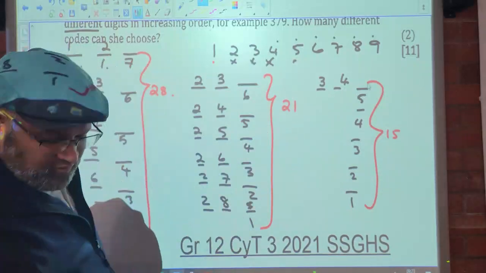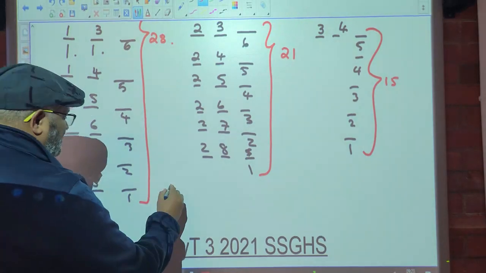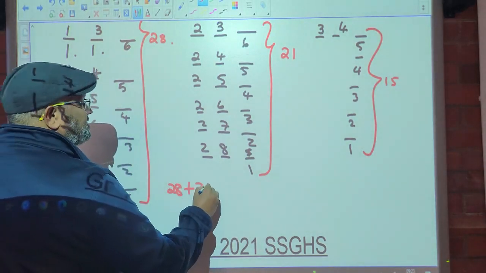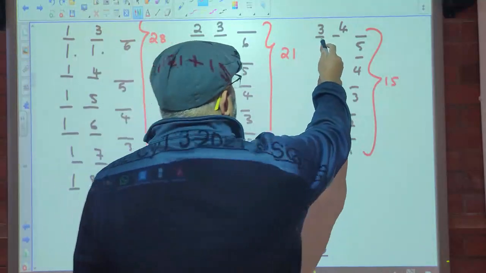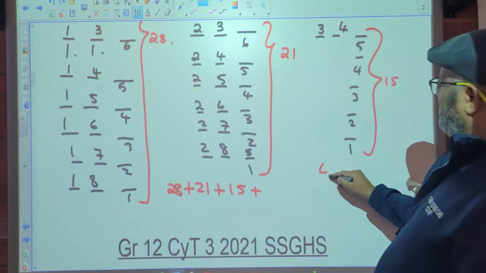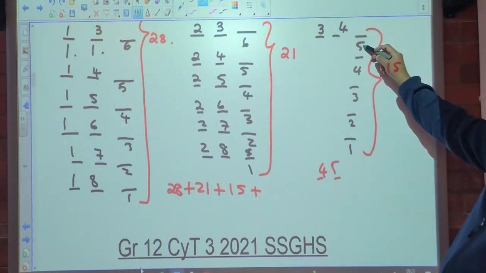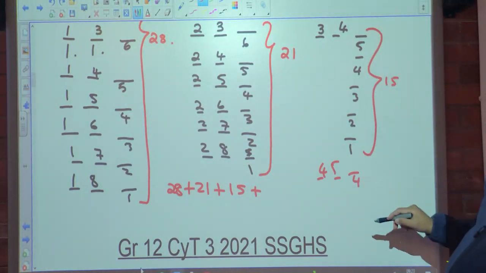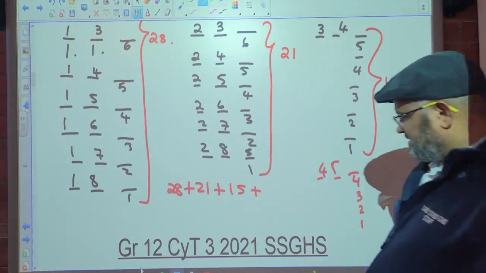So there's a pattern being formed here, which consists then of 28 plus 21 plus 15 plus. If I now go with the numbers 4, 5, and then here's going to be 1 less, which is 4, then 3, then 2, then 1. Can you see that?